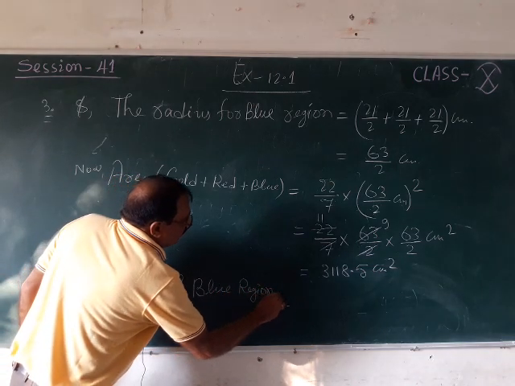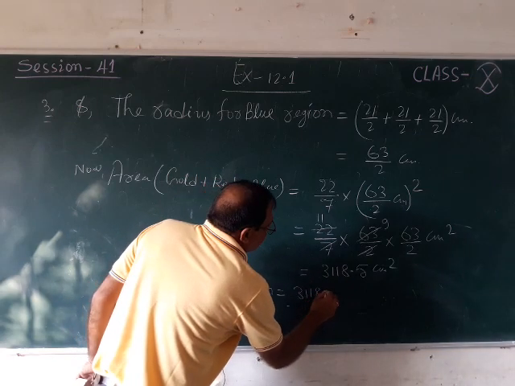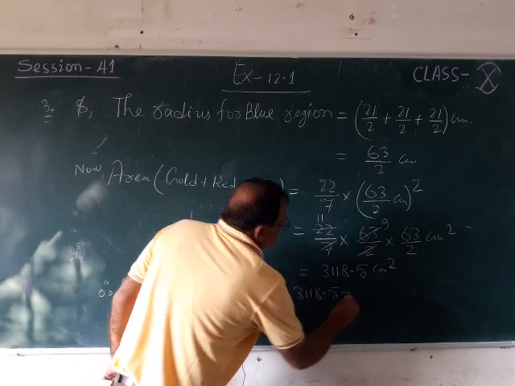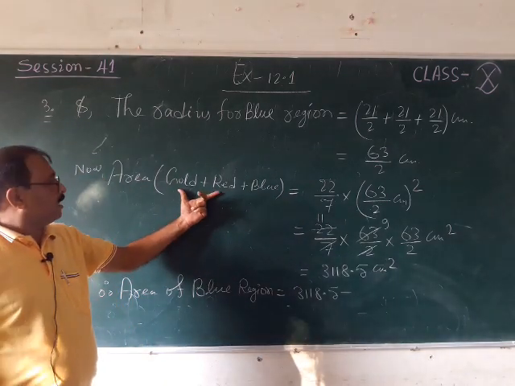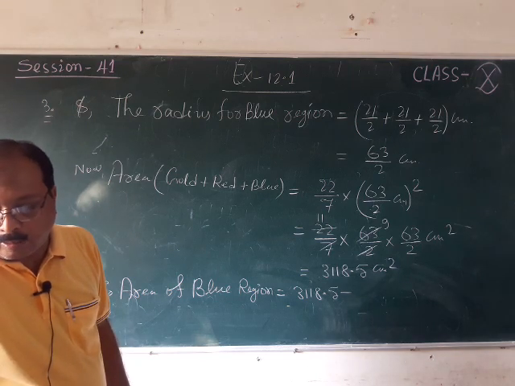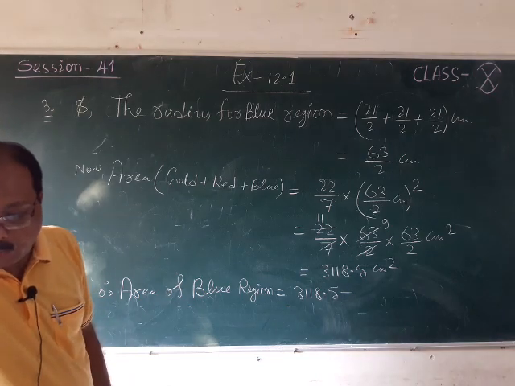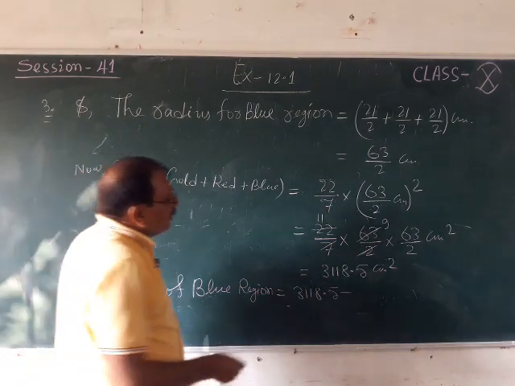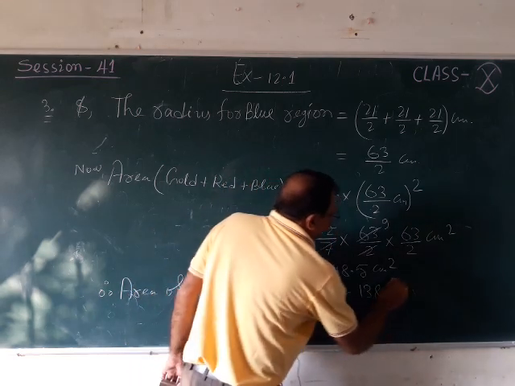So its area will be, first of all I have to write 3118.5 and subtract the second number, because till the second number you are having the area of gold plus red. So the area of gold plus red you have seen, it was coming 1386. So 1386 you need to subtract from there.